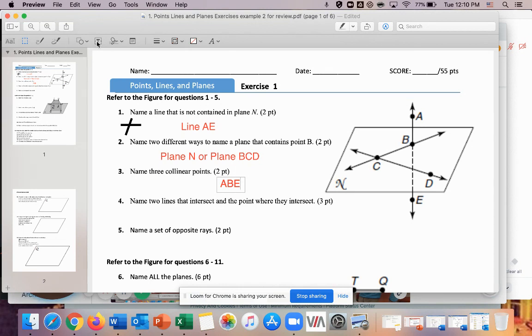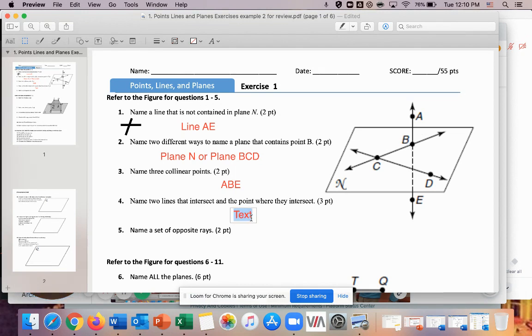Name 2 lines that intersect and the point where they intersect. There are a couple of different lines that intersect here. Line BC intersects with line CD at point C. Line CB also intersects with line AE, and they intersect at point B. So both of those would work.